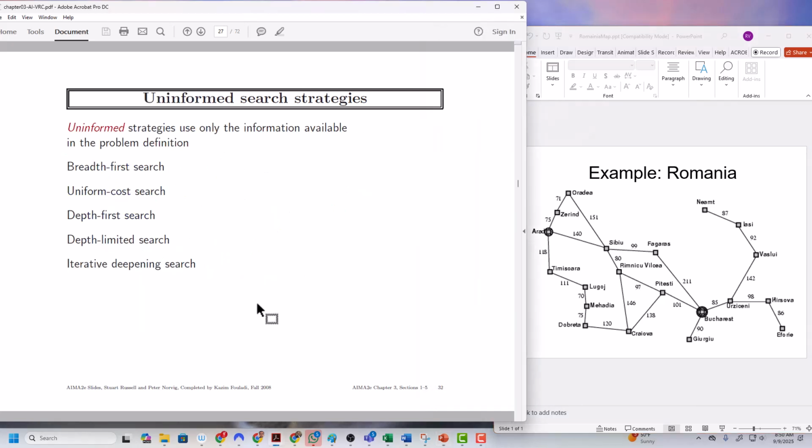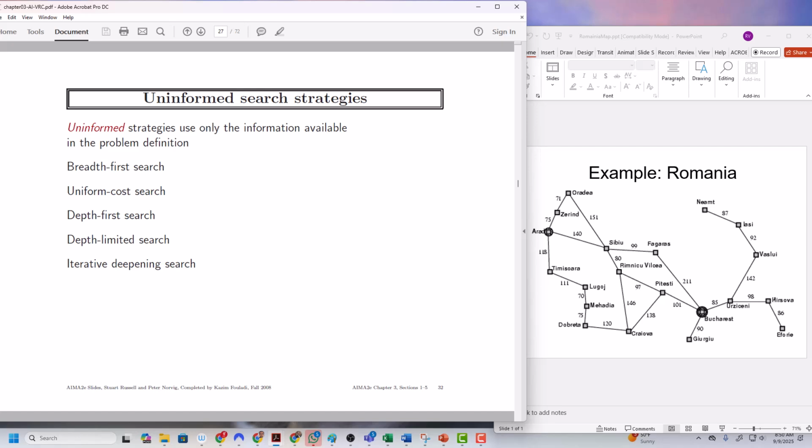After this, we will discuss multiple uninformed search strategies. Why do we call them uninformed? Because the algorithm has no extra knowledge beyond the problem definition. It only knows how to generate the successors and how to recognize a goal state. That's all.